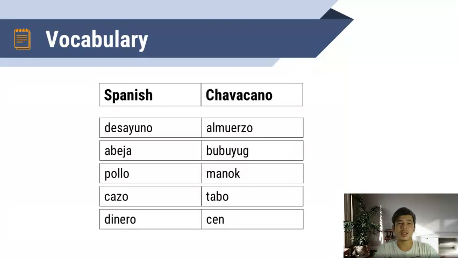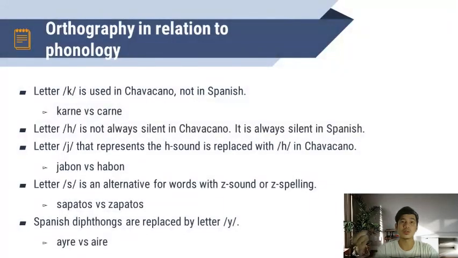So in Spanish, they say no tengo dinero, which means I do not have money, but in Chavacano we say no hay sen. Although some Chavacano speakers would understand if you would use the term dinero, generally we use the term sen to refer to money.